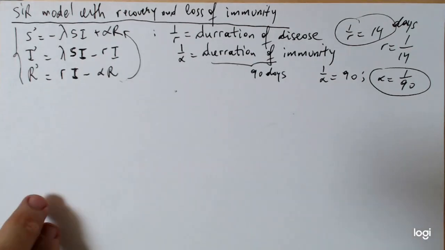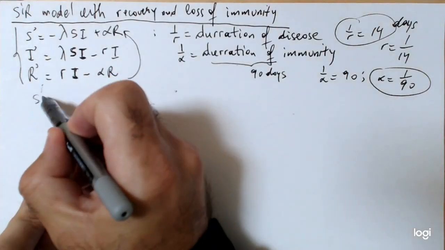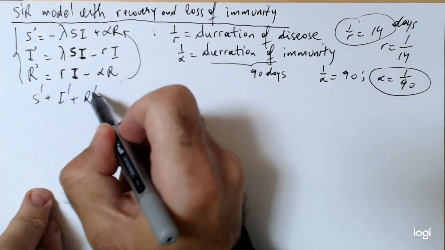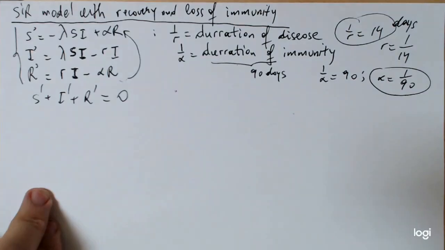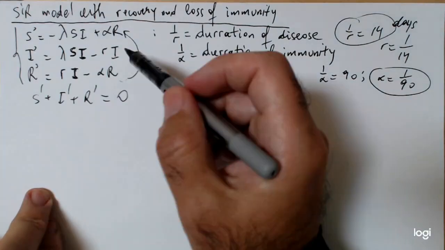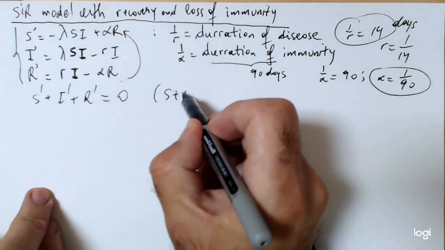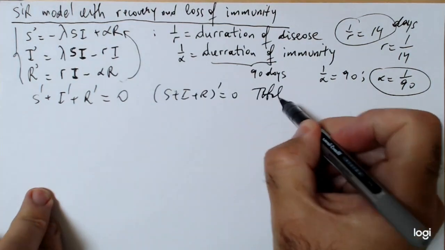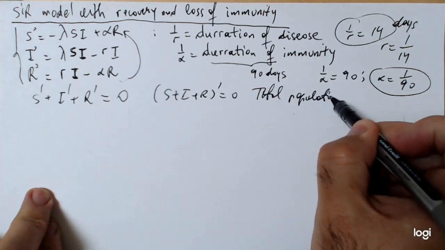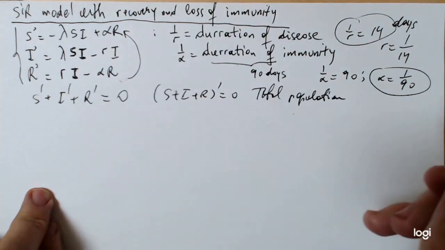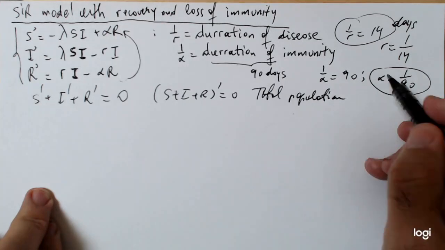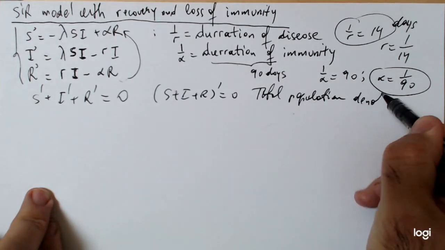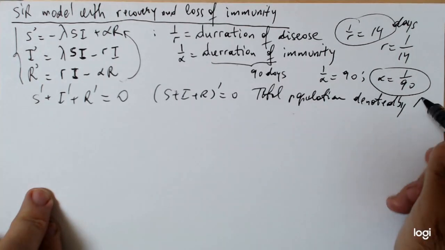This one has 3 equations, but notice that if I add all the equations, the derivatives cancel out. So that means the total population remains constant throughout the process. Let's denote the total population by N, a constant.